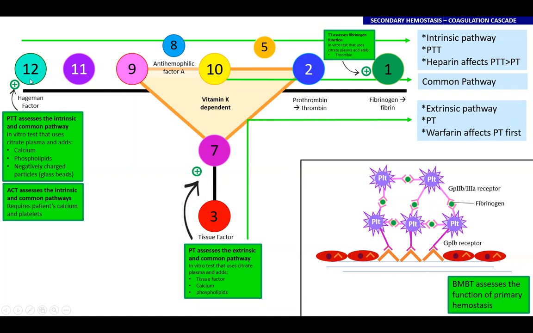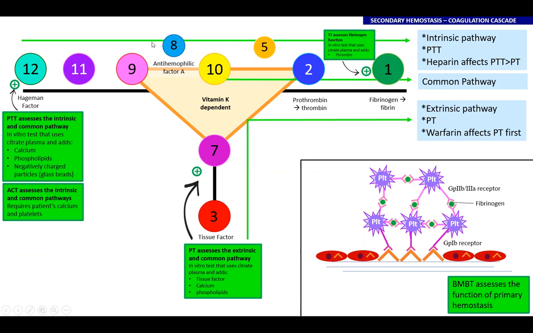So deficiencies in 12, 11, 9, or 8 would all cause a prolonged PTT and a normal PT and normal thrombin time.